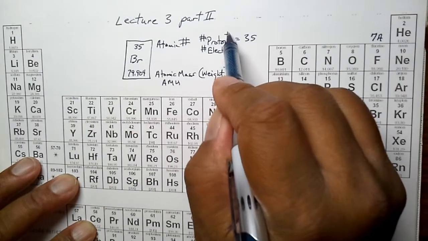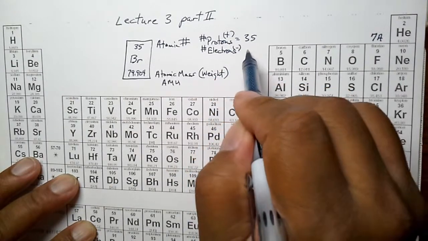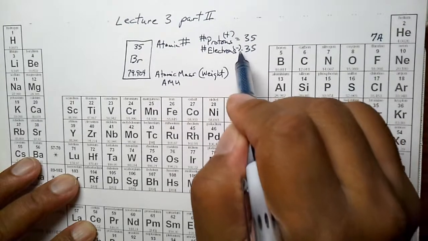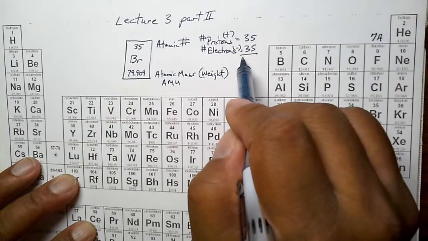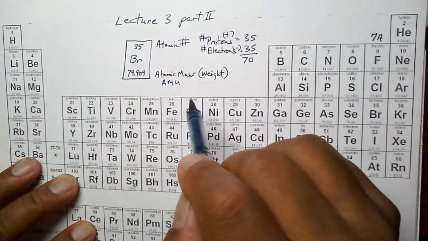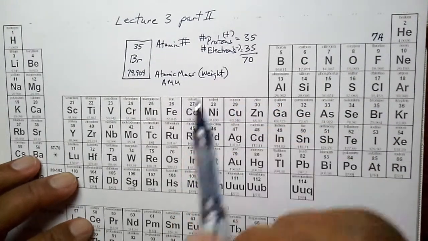Remember, protons are positive, electrons are negative, and so we have 35 electrons, giving us a total of 70 subatomic particles.